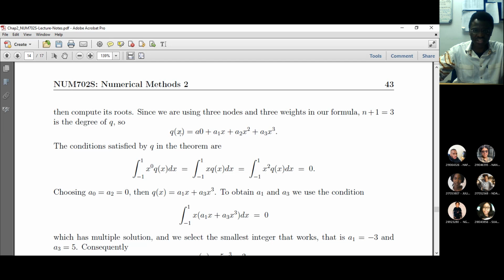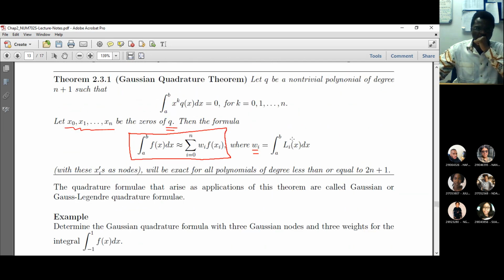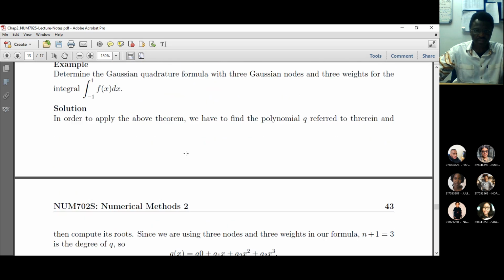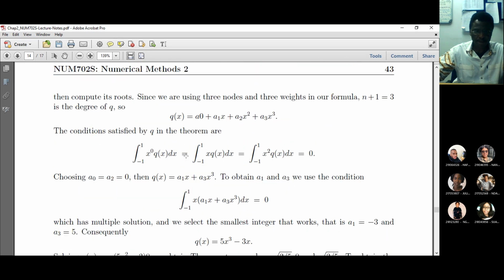So once you write this general expression for Q, we know from the Gaussian quadrature theorem that if we multiply Q by x to the k, where k runs from 0 to n, and we integrate from a to b, we set it to be 0. This will allow us to determine the coefficients, right? So that's exactly what we'll be doing here. So we have 1, 2, 3 conditions.